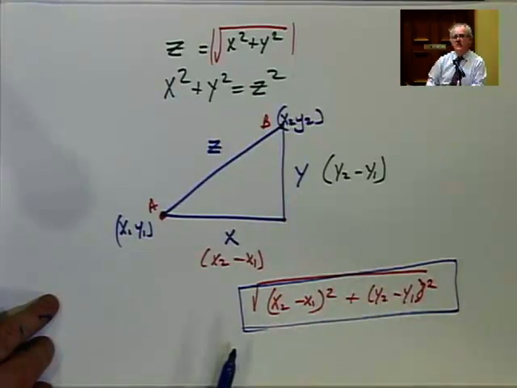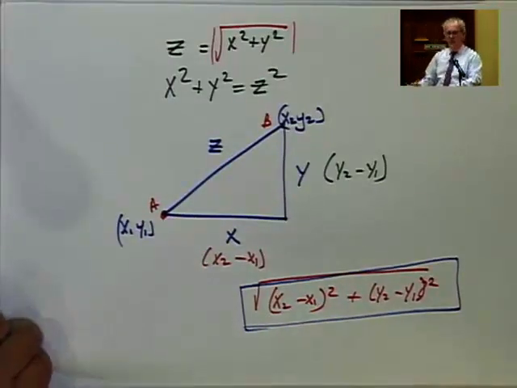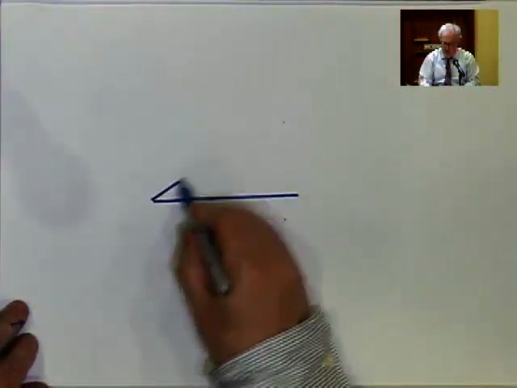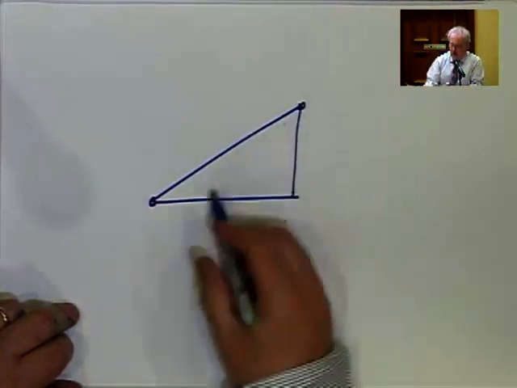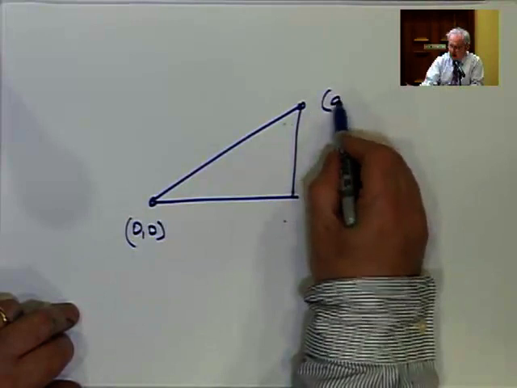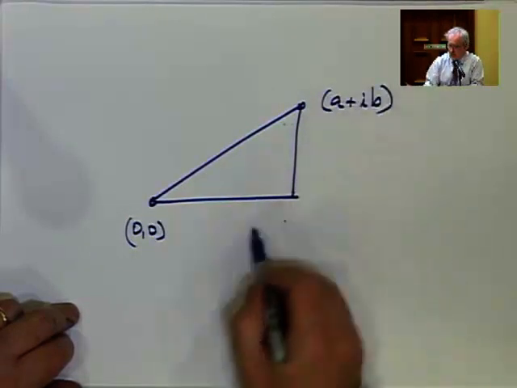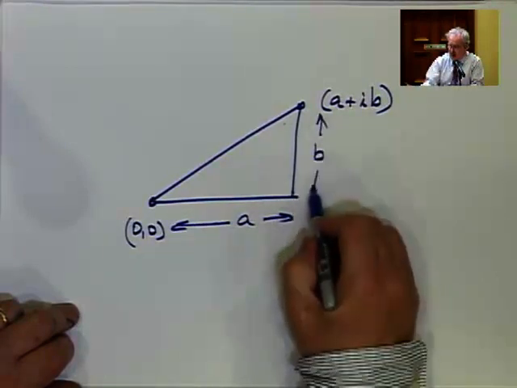If you were to look at complex numbers and ask, what's the distance between here and here? This is 0, 0, and this is a plus ib. The distance a is the real part, and b is the imaginary part.